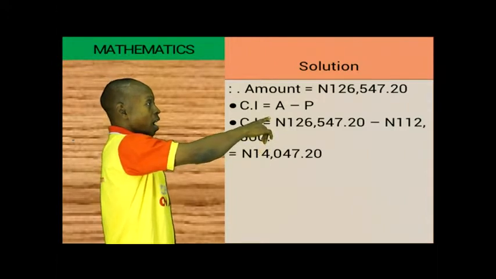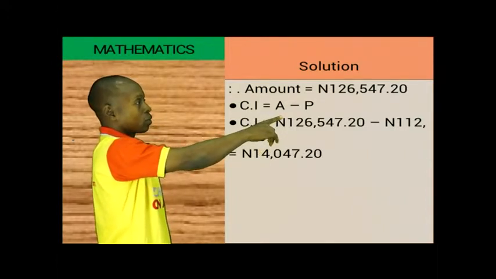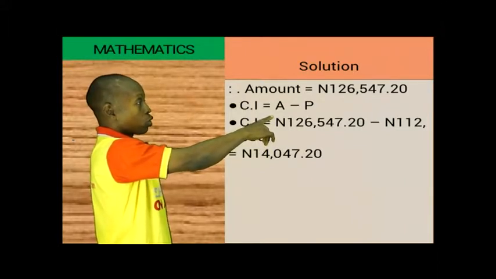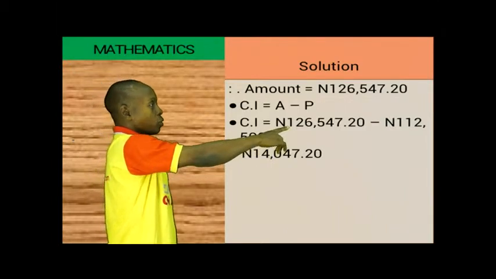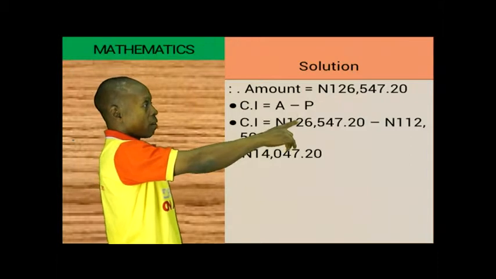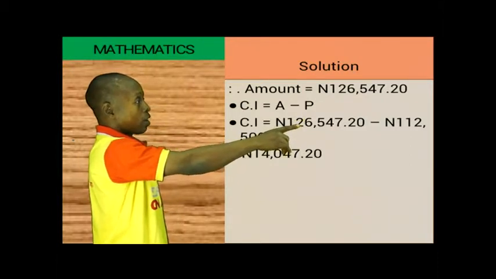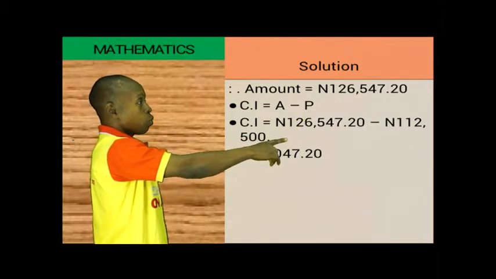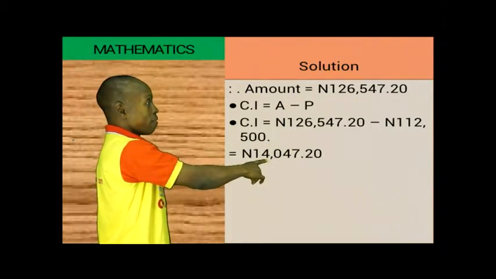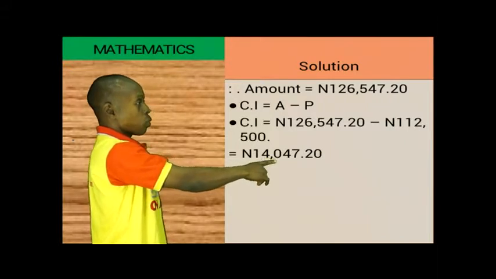So we've gotten the amount, we have the principal. If you subtract the principal from the amount, you get the compound interest. So the amount is 126,547 naira 20 kobo minus the principal, which is 112,500. Then you arrive at 14,047 naira 20 kobo.